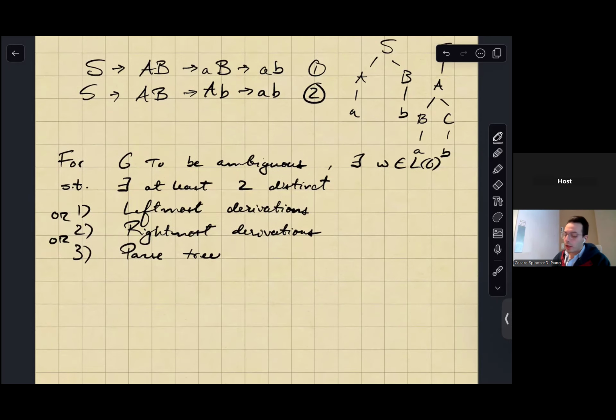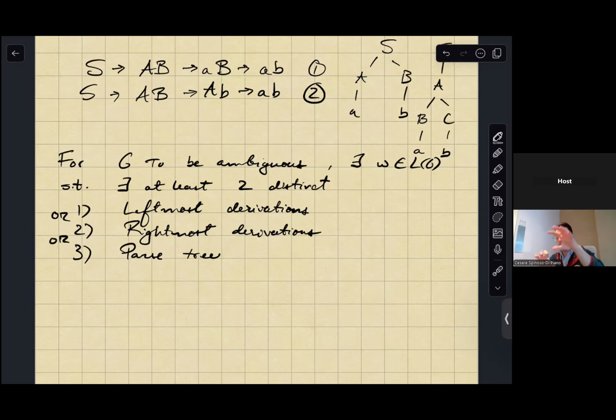In fact, the or is logically speaking true, but it turns out that leftmost derivations have a one-to-one corresponding parse tree, and rightmost derivations have a one-to-one corresponding parse tree, right?